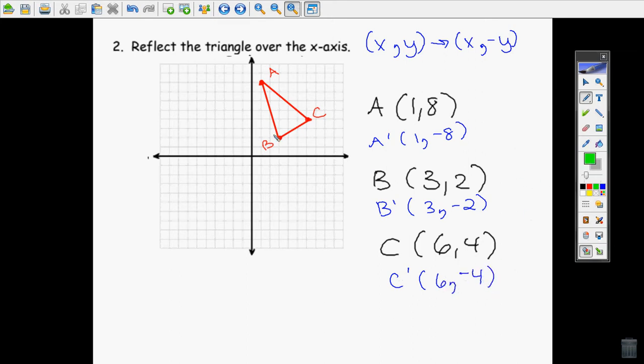So now I'm going to go ahead and graph this. So I have 1, -8. So this is A prime. B prime, we have 3, -2. And then C prime, we have 6, -4.